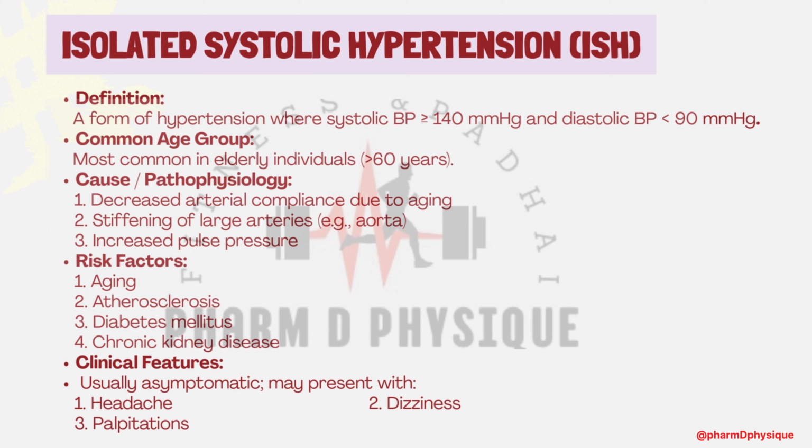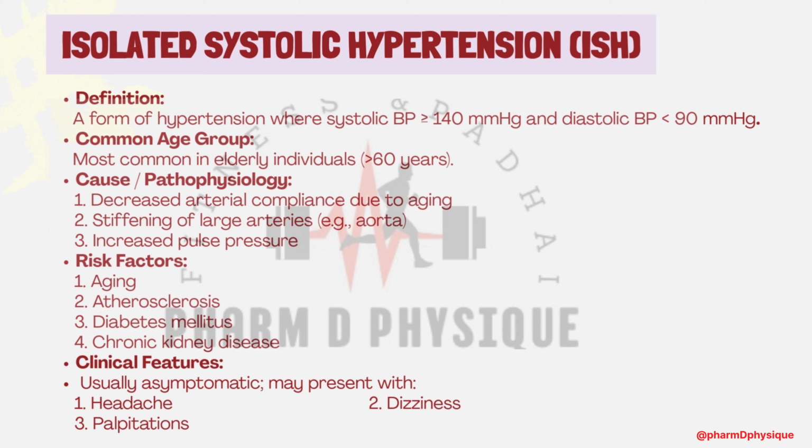In isolated systolic hypertension, the systolic blood pressure is consistently above 160 mmHg and the diastolic is below 90 mmHg. This may occur in older people and result from the age-related stiffening of the arteries.